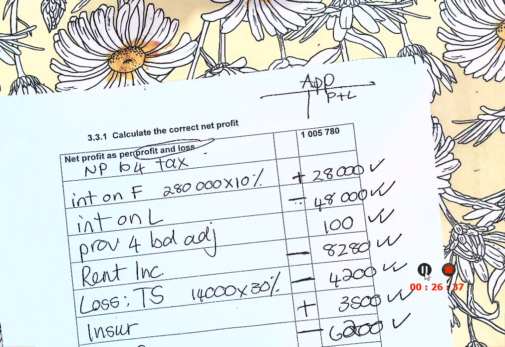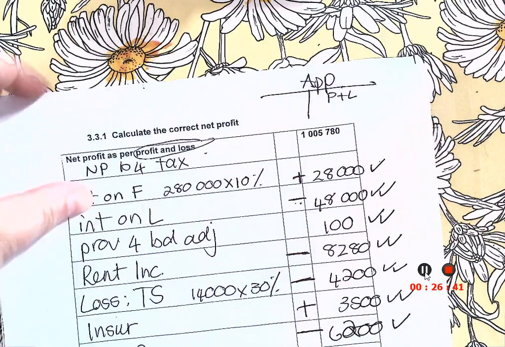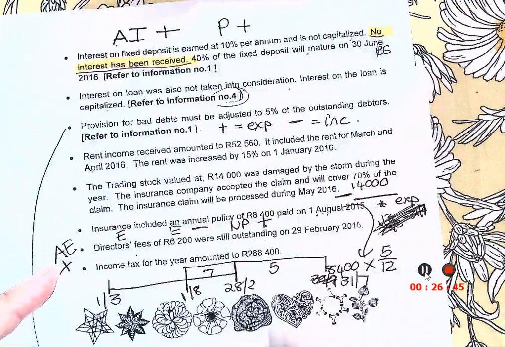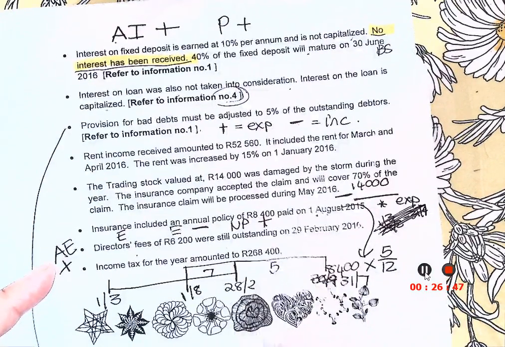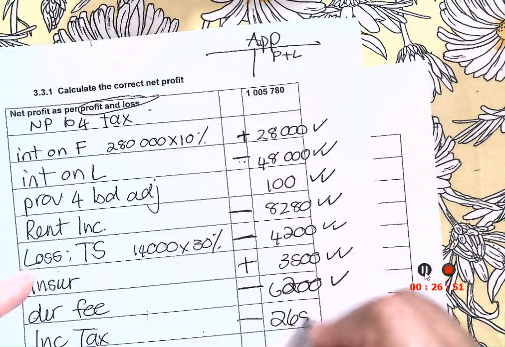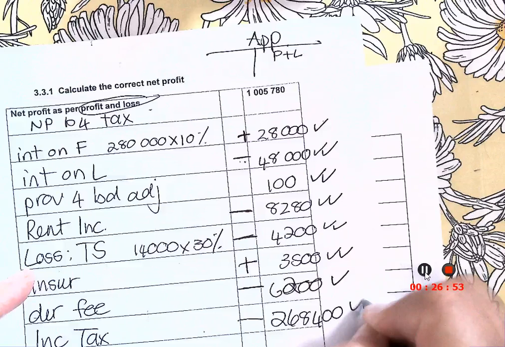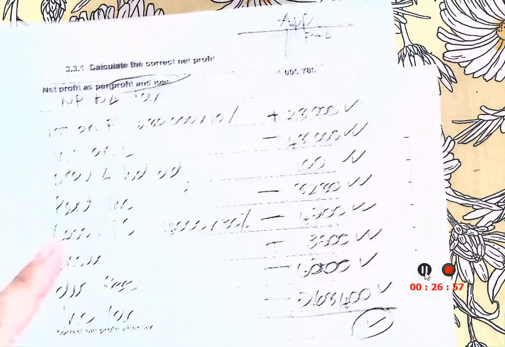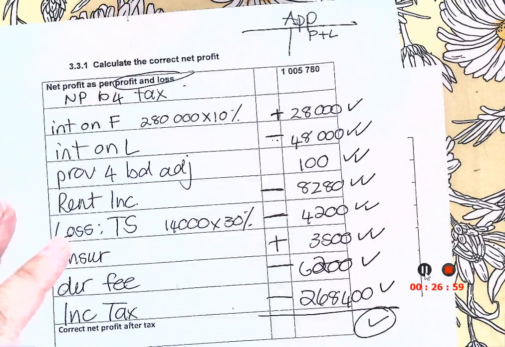In this case, they gave you the net profit before tax. So I still need to subtract tax. What do they say? This is my income tax, 268,400. Another tick. How much is my net profit after tax?